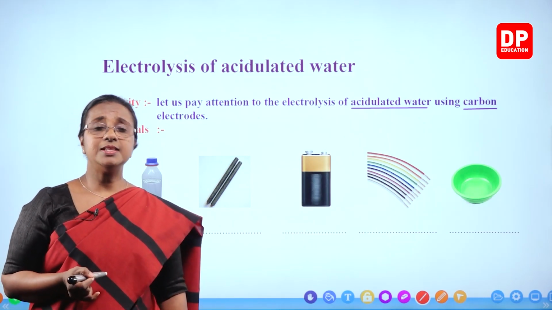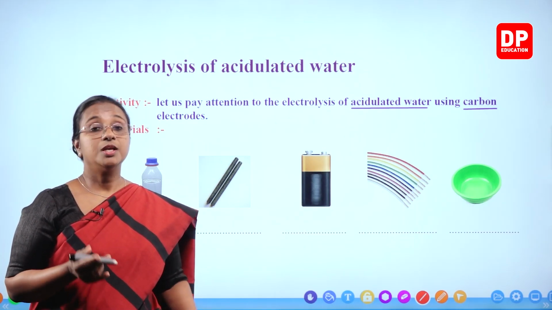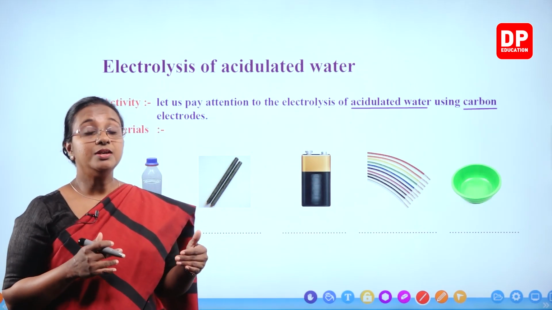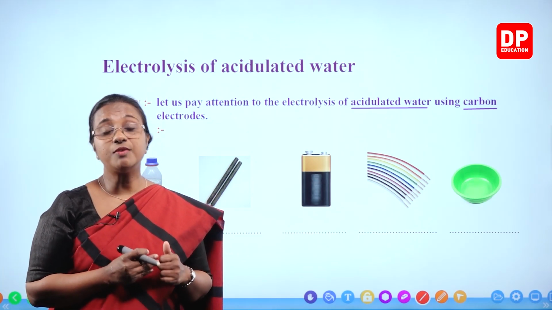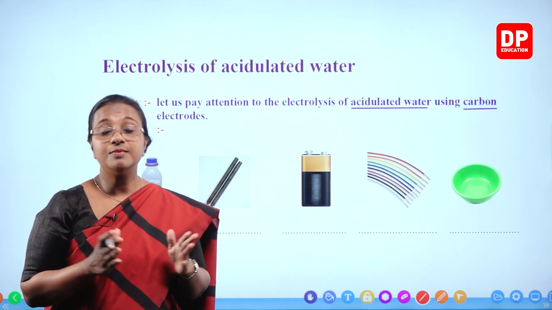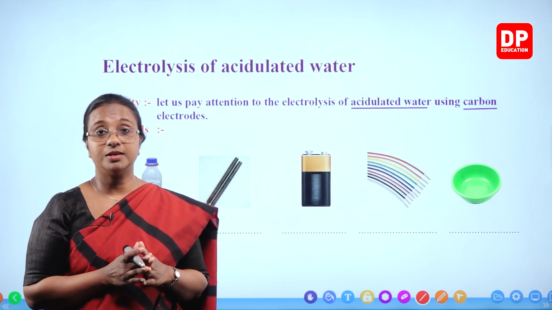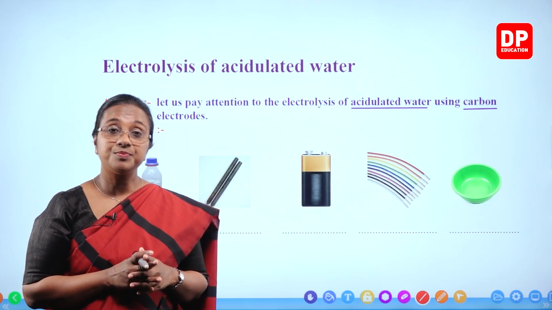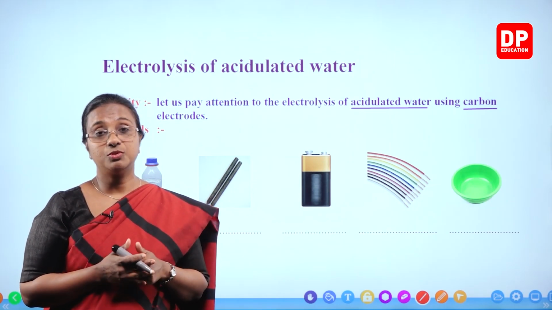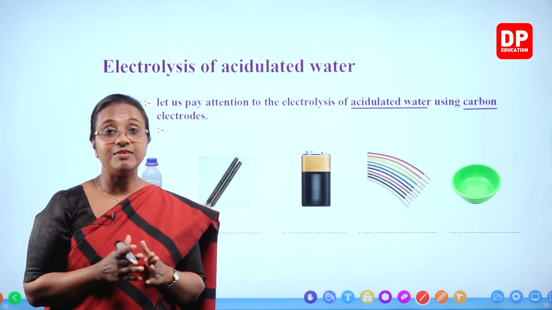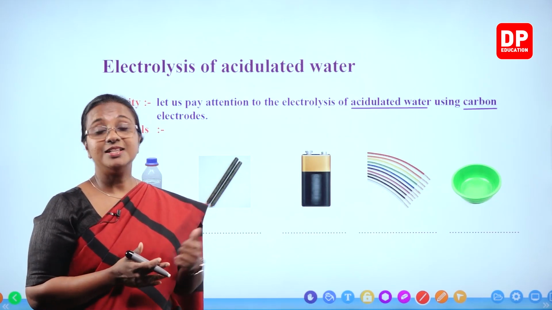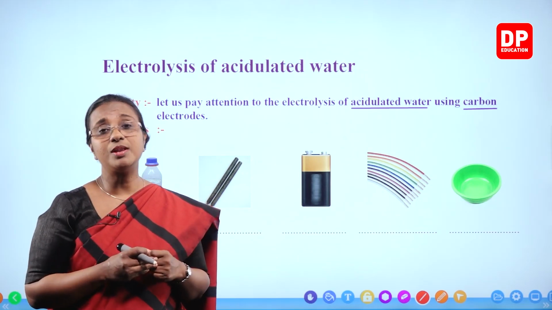So how do we get this acidulated water? You have the distilled water. Into that, if you add a small amount of dilute sulfuric acid, we will get acidulated water. Why do we need to do that? You can remember water is a covalent compound, so it does not have any free ions. We discussed that in the previous slide also, very small amount.